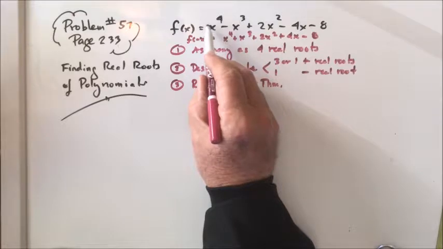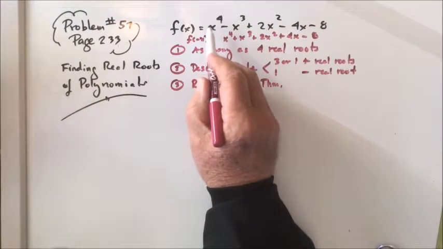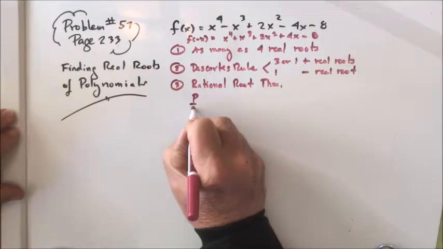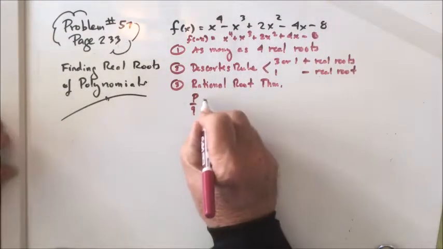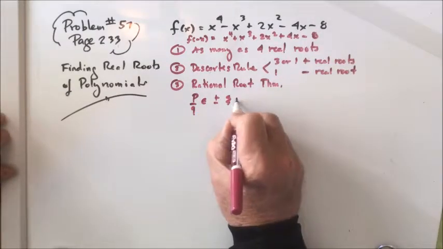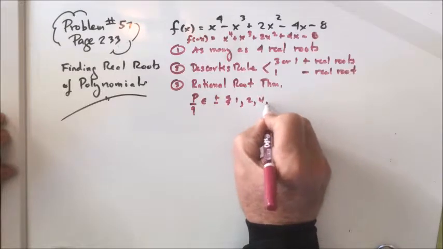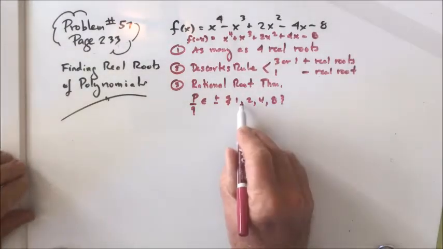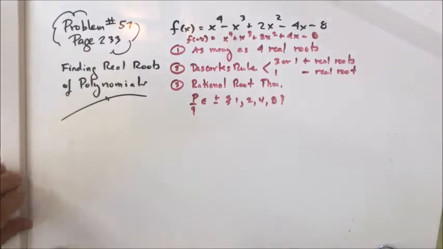You get to catch a real break here because that coefficient is 1, the only factor is 1, and therefore the candidate rational roots p over q are plus or minus 1, 2, 4, or 8. So we've only got 8 candidates to try.